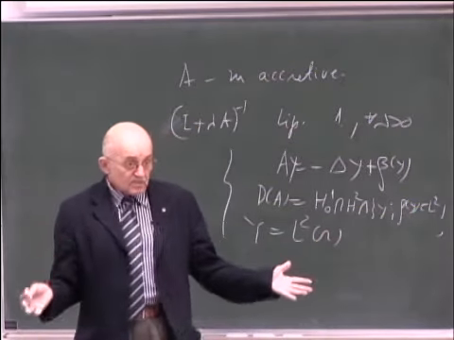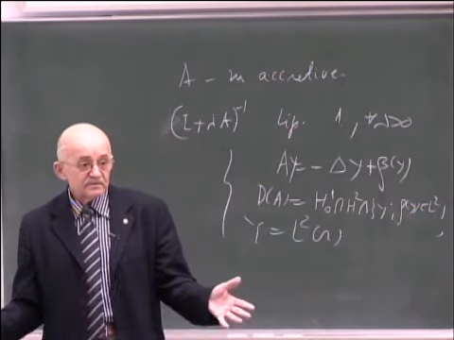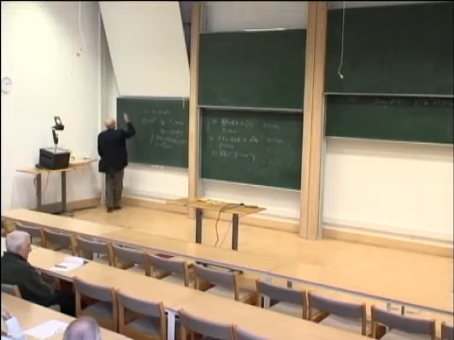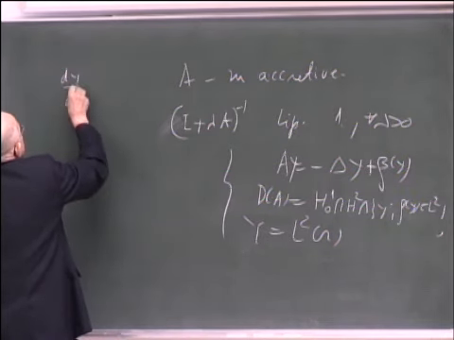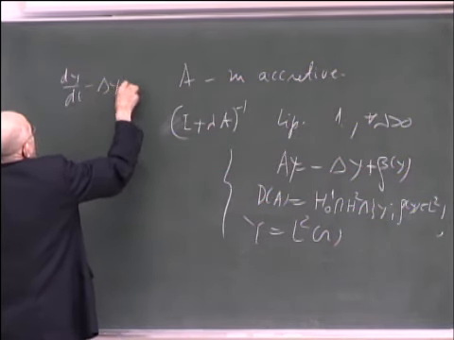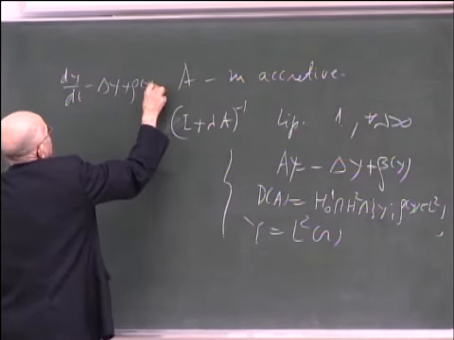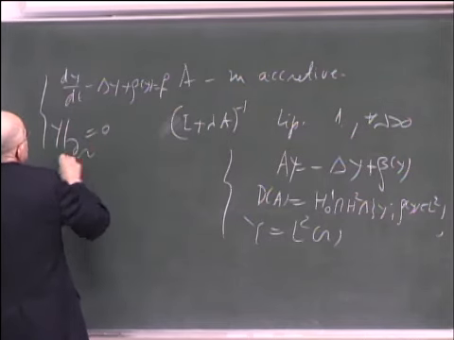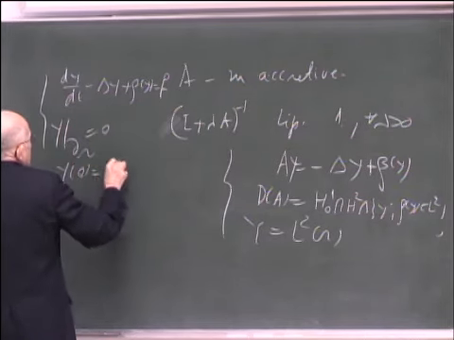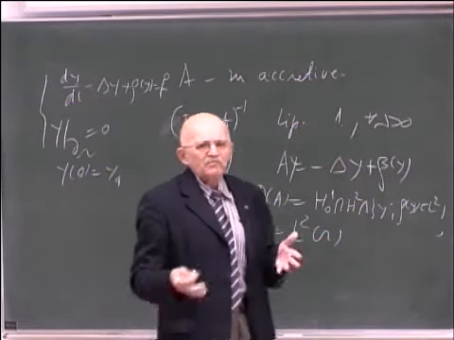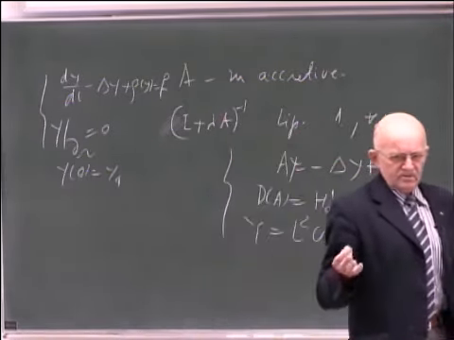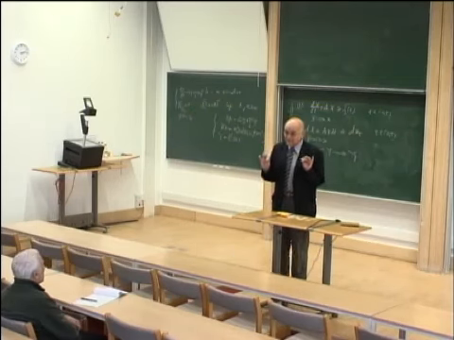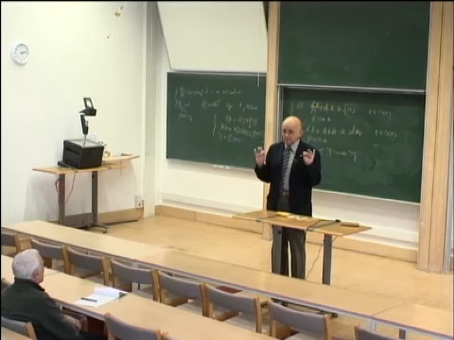This operator is M-accretive, and equation 1 becomes in this case a parabolic equation, dy/dt - Δy + β(y) = f, with boundary condition y = 0 on the boundary of Ω, and y(0) = y0. This is a standard semilinear parabolic equation. β is a multivalued graph which is maximal monotone.